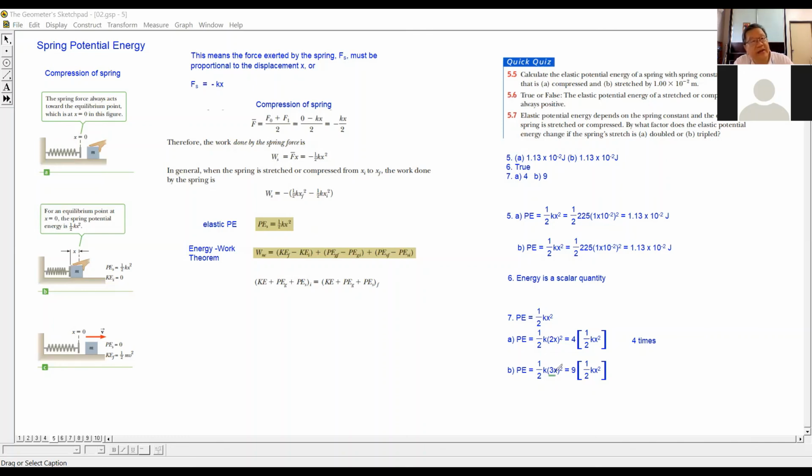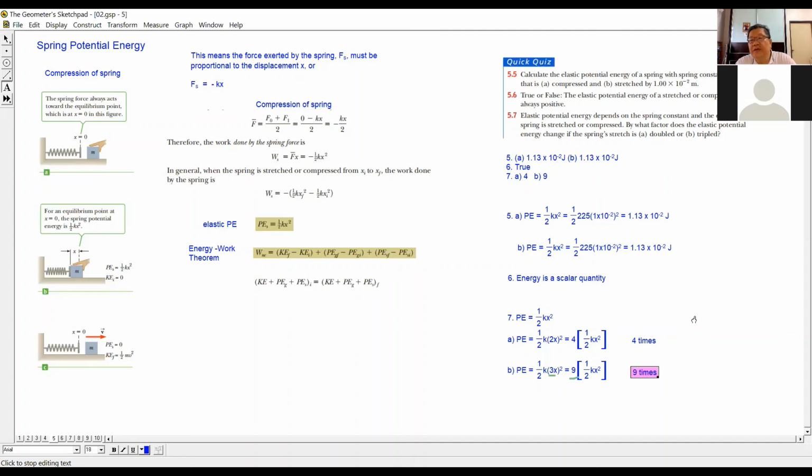When you square the x, it is still x squared. So you move the 9 outside. It will be 9 into half kx squared. So can you tell me how many times is the energy? 9 times. When the distance is 3 times, the energy used is 9 times.